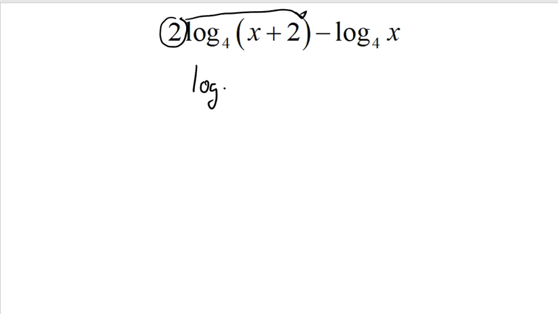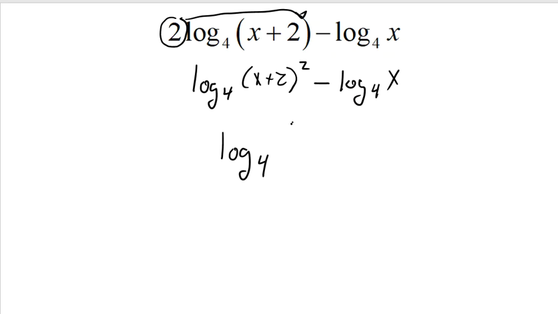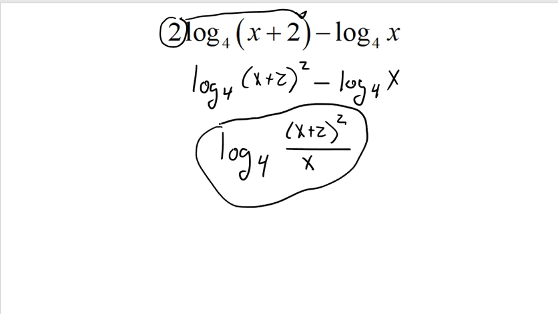So that's log base 4 of x plus 2 squared minus log base 4 of x. Then I can say, well, wait a minute, subtraction of 2 logs can condense to division. So that's log base 4 of x plus 2 squared, all divided by x. And there's my final answer. Nice and simple. So I went from 2 logs to 1 log. I had subtraction, turned it into division, and then I used the power rule to bring that 2 up.